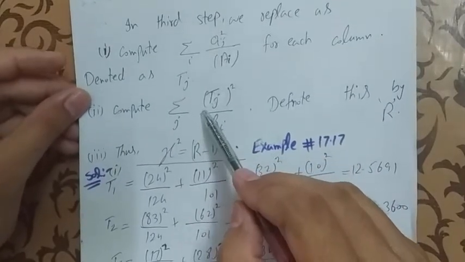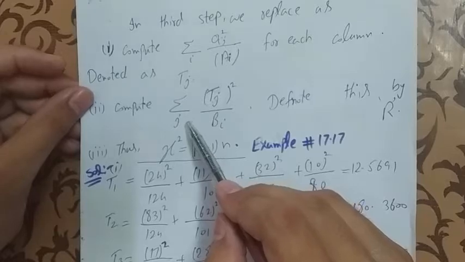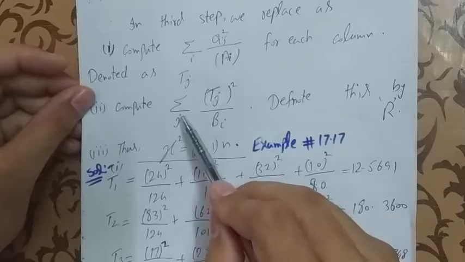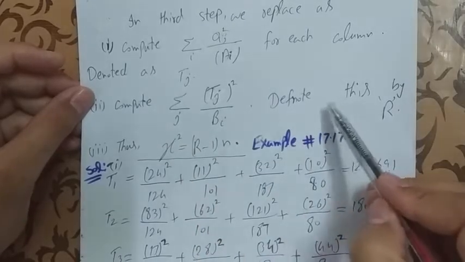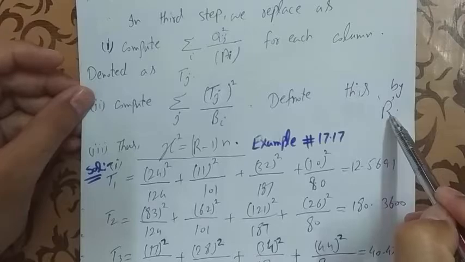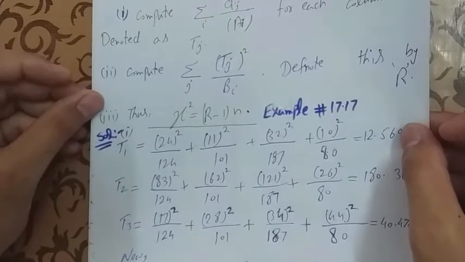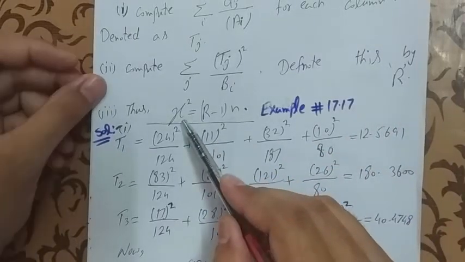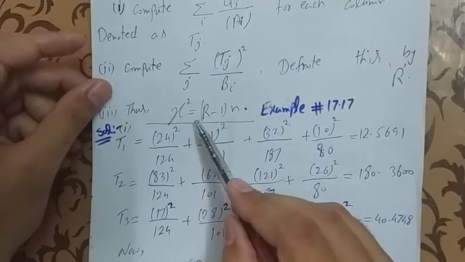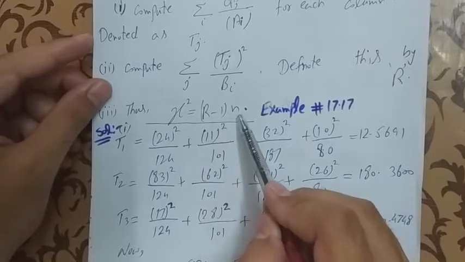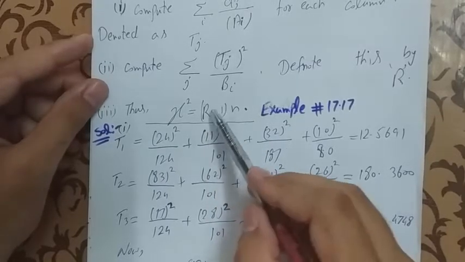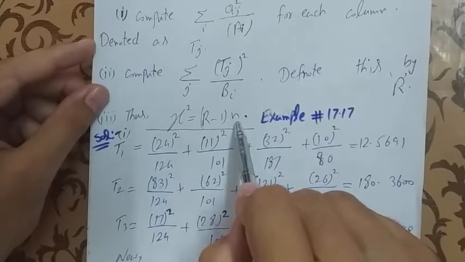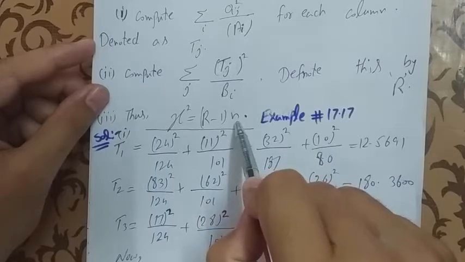In the second step we compute the summation of Tj square over Bi and denote it as capital R. And in the third step, which is the most important, we compute the chi-square, which is equal to capital R minus 1, into small n. Capital R is the value from the second step, and n shows the total marginal of the problem.